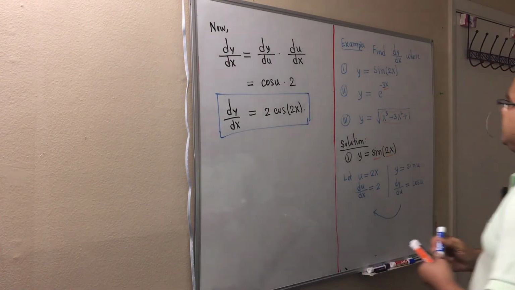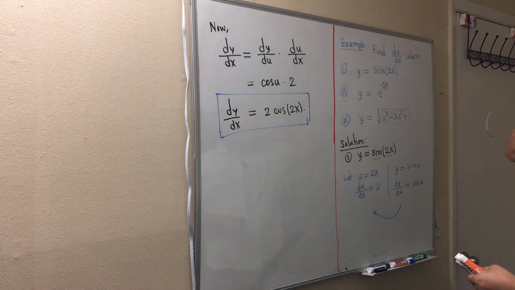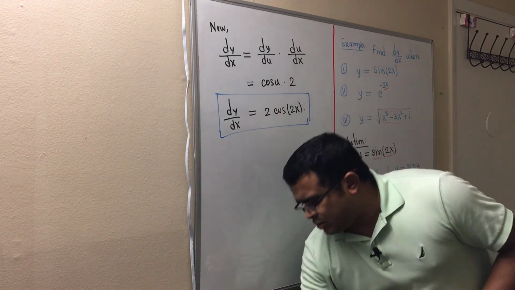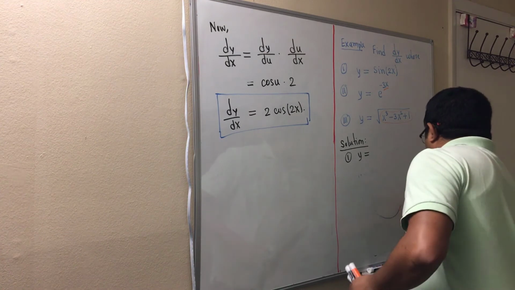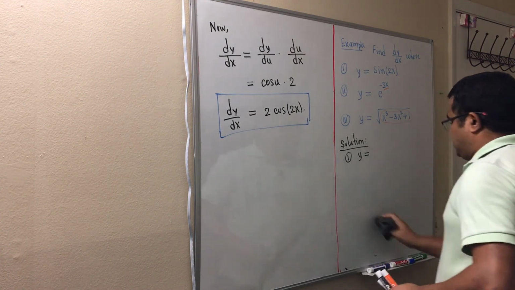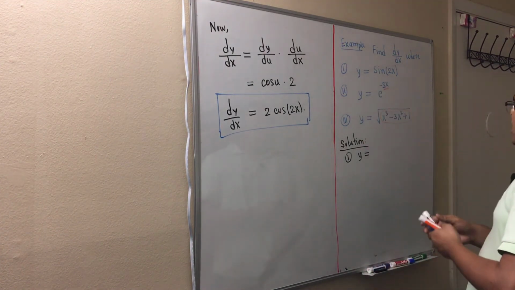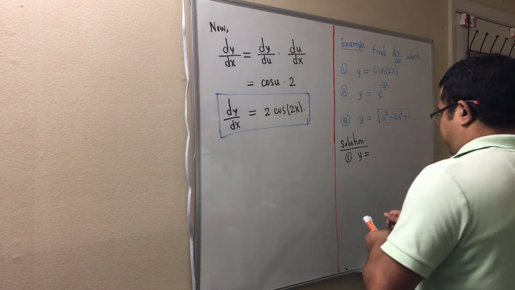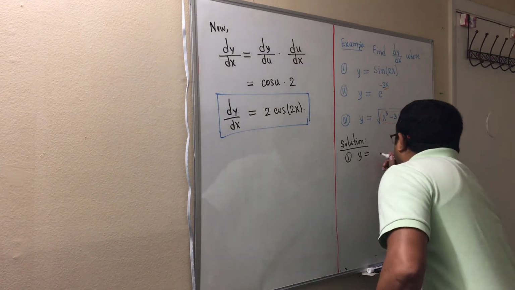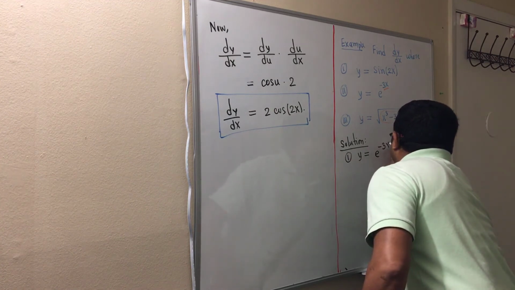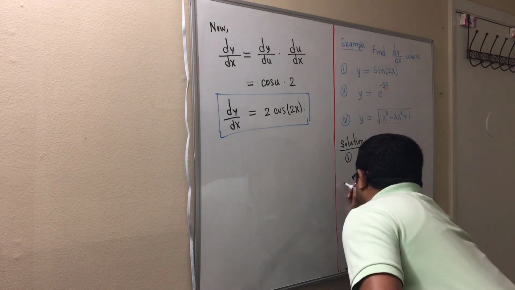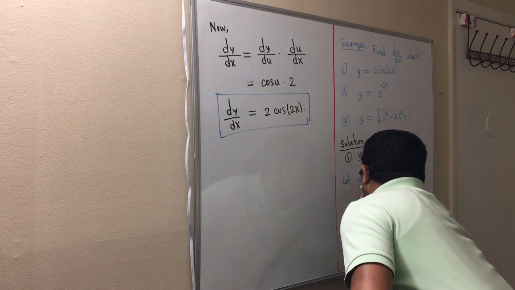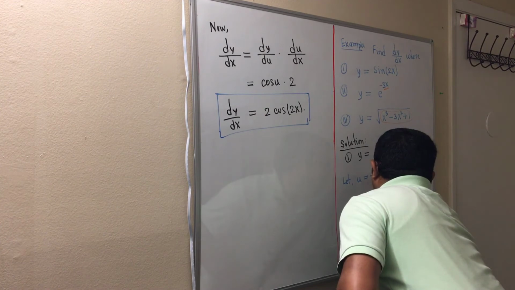Now, if we want to solve number 2, then y equals e to the power negative 3x. So, let u equal the inner function, negative 3x.